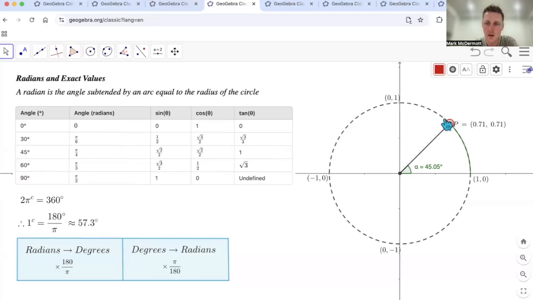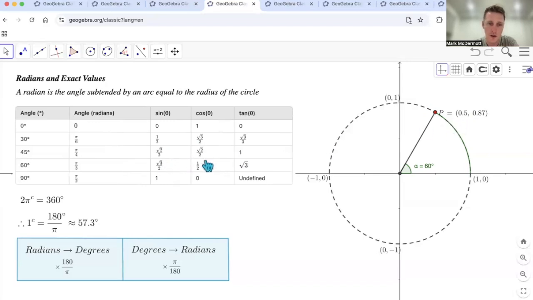60 degrees is pi on 3 radians. So that's roughly there. And it is the reverse of pi on 6. So you'll notice sine of pi on 3 is root 3 on 2, and cosine is 1/2 or 0.5.